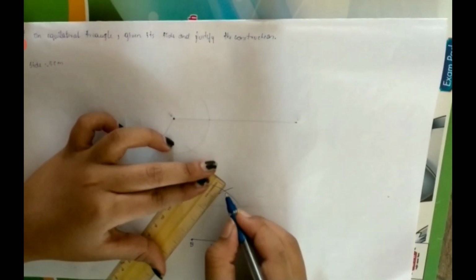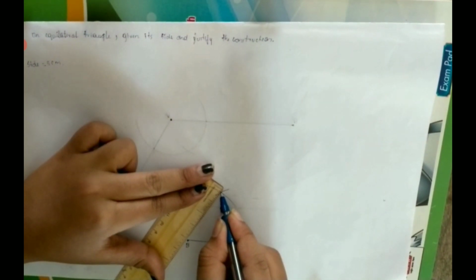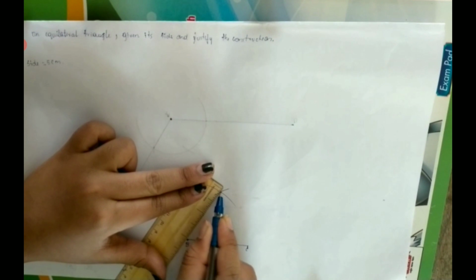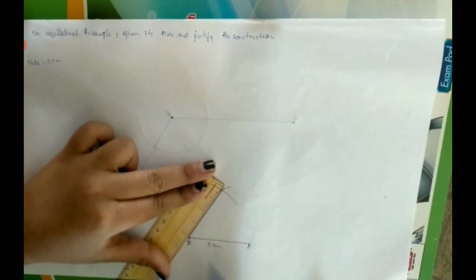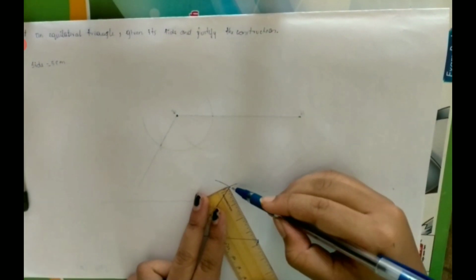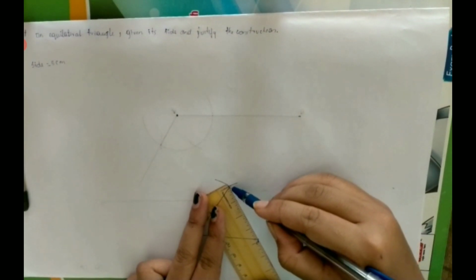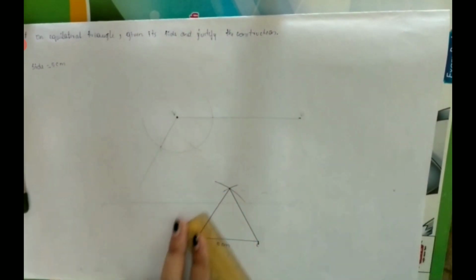Here the arcs are drawn with a radius of 5 cm, as it is an equilateral triangle of side 5 cm, and that point is to be joined to the points B and C to get a triangle.